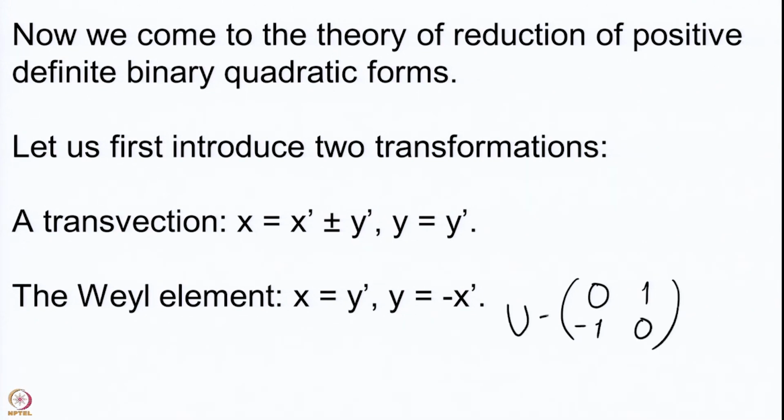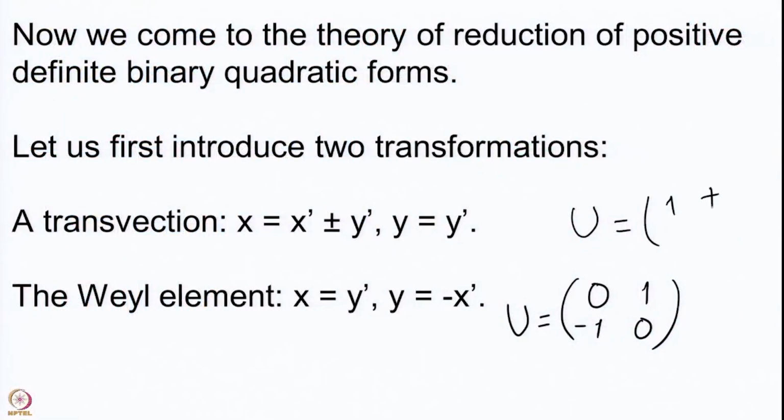The corresponding U is this matrix, and you will see that this matrix has determinant equal to 1. The earlier matrix that we had for our transvection, that also had determinant 1. So, these are the two very important transformations that we are going to study.